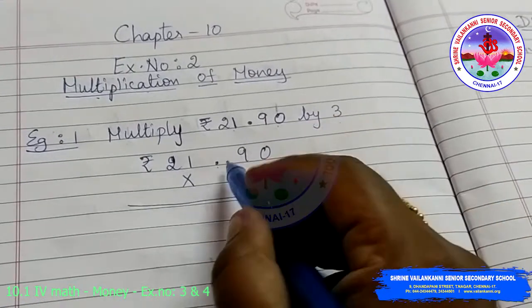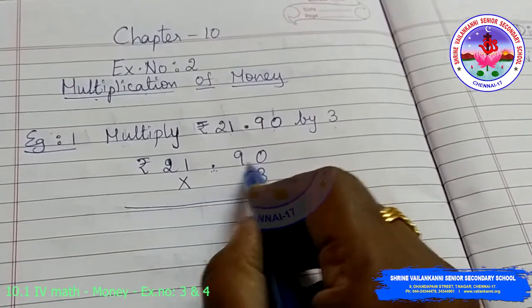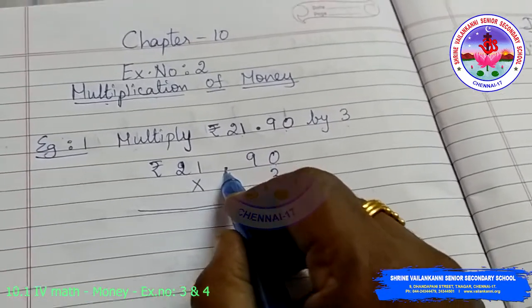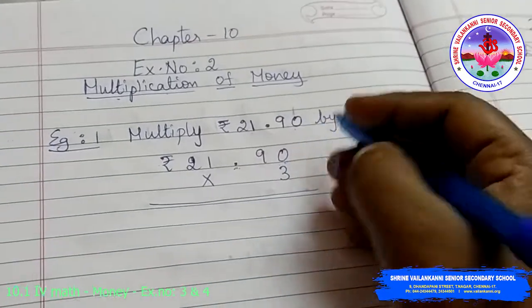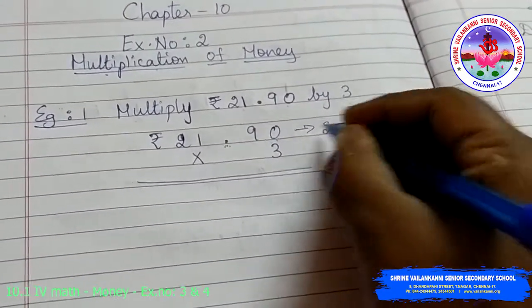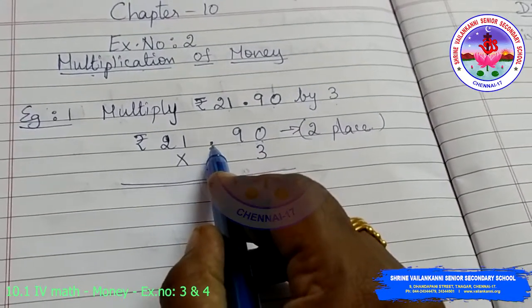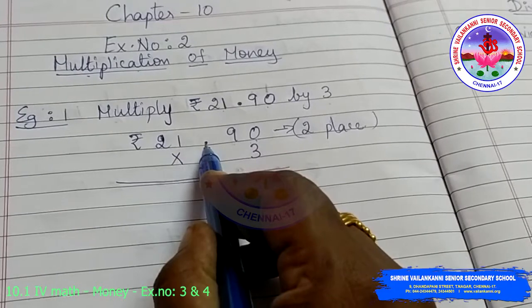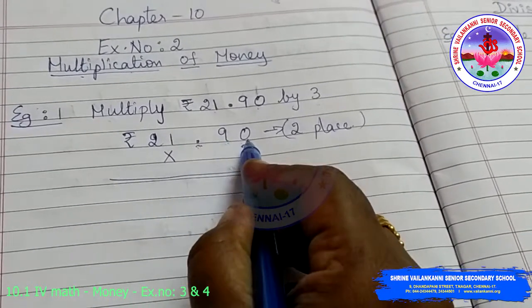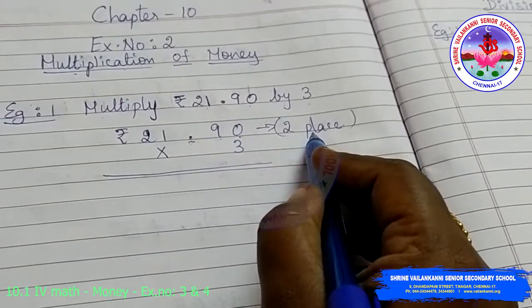First check after the decimal how many places there are. After the decimal you have 1, 2 places. So I am writing that here.